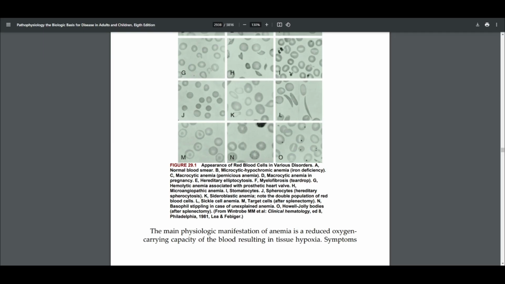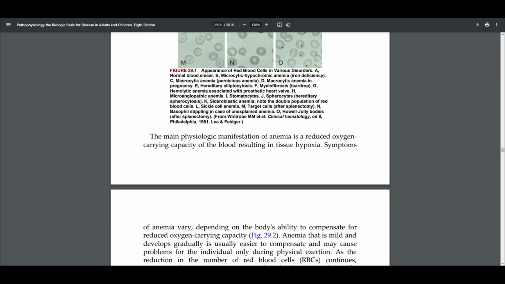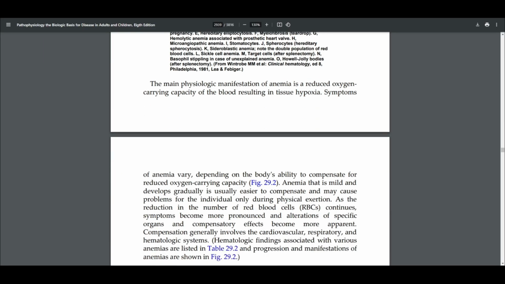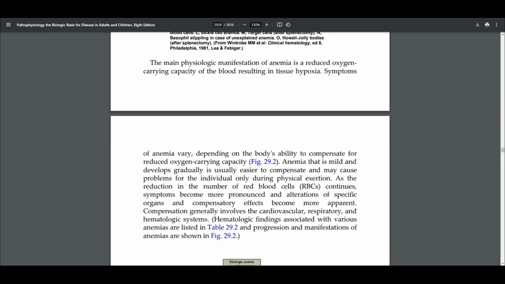So, the main physiologic manifestation of anemia is a reduced oxygen carrying capacity of the blood, resulting in tissue hypoxia. Symptoms of anemia vary depending on the body's ability to compensate for reduced oxygen carrying capacity.